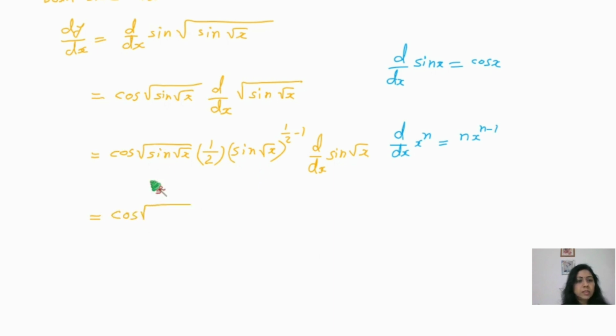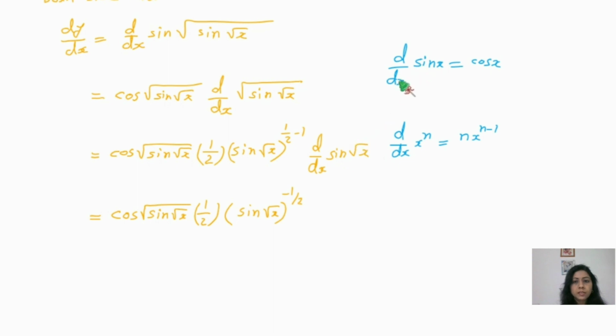Cos square root sine square root x, and this is 1 upon 2, and here this is sine square root x to the power 1 upon 2 minus 1, which is minus 1 upon 2, and here we differentiate this.